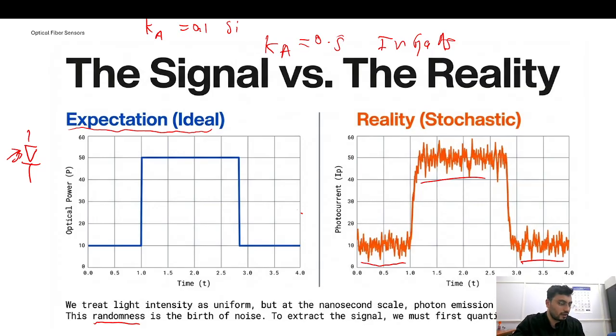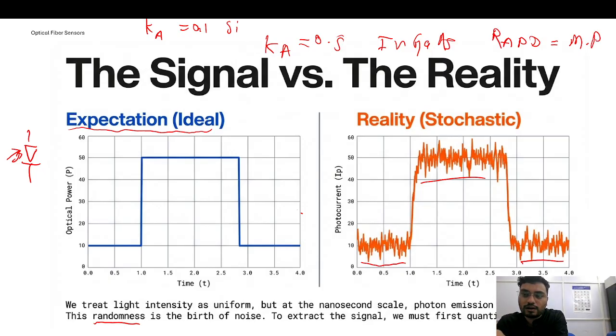And if we talk about the APD, the responsivity of APD is equal to M times the responsivity of PIN. So if M is equal to 1, the APD will work as a PIN.